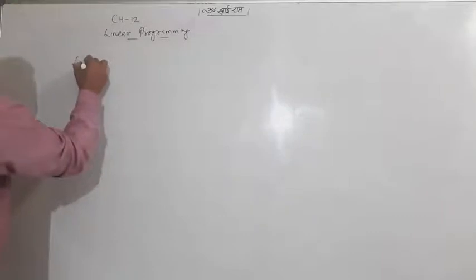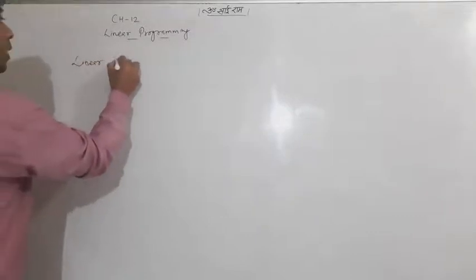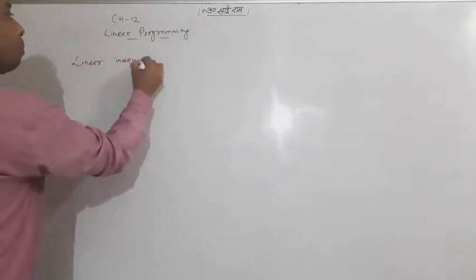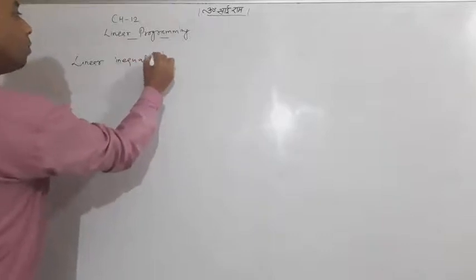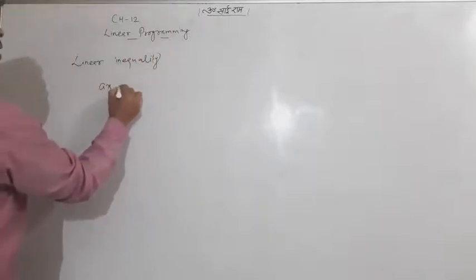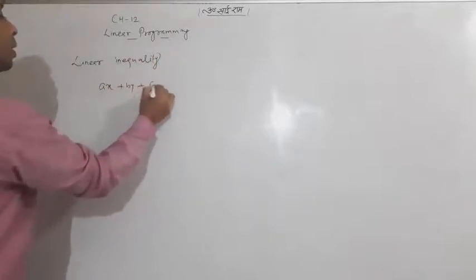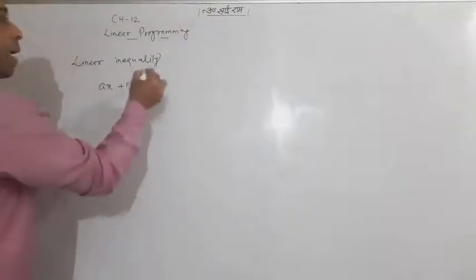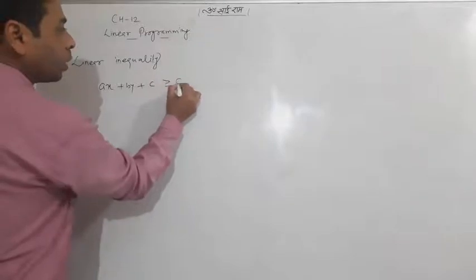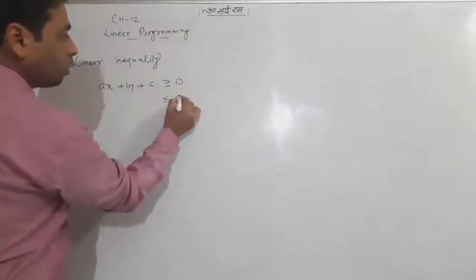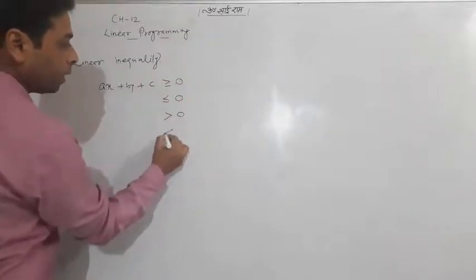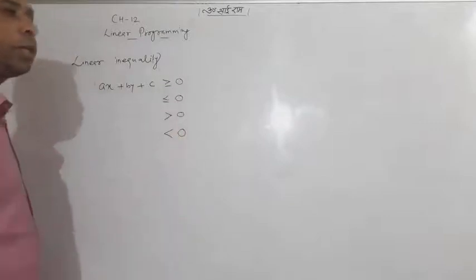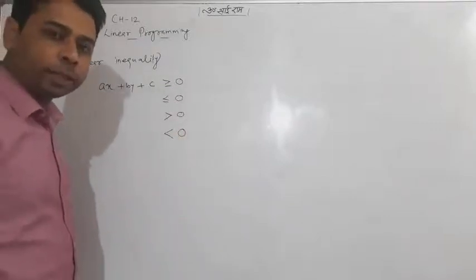First of all, I tell you that linear inequality, that very simple word to you now, where ax plus by plus c represents a linear expression, and if greater than or equal to, less than or equal to, or only greater than or less than, these four conditions are called linear inequality.